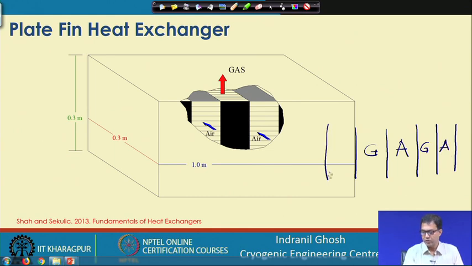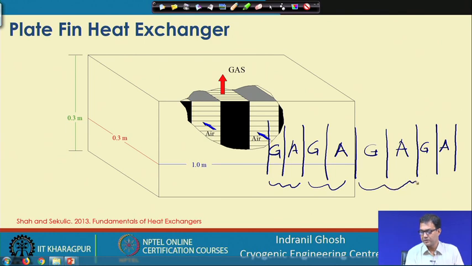It will continue like that, air, then G and so on. So the basic unit is alternate gas and air layers flowing through.